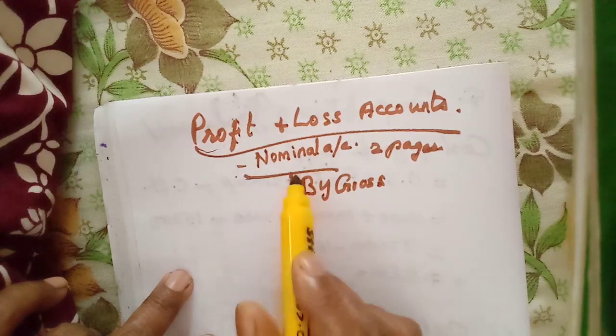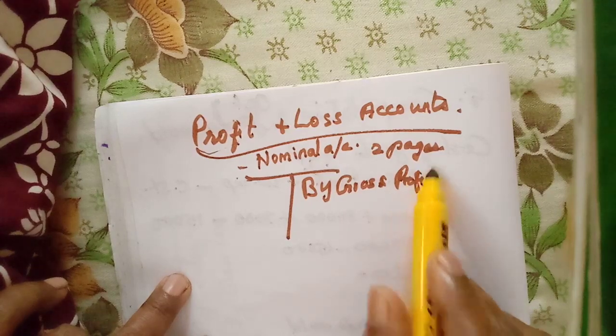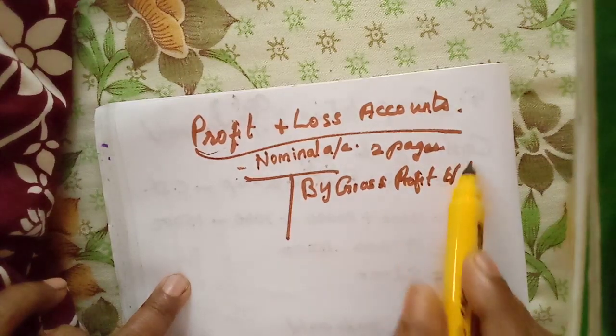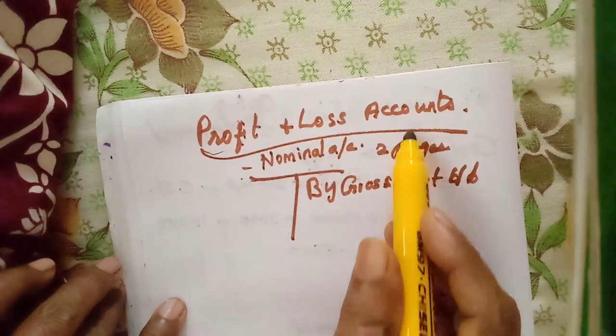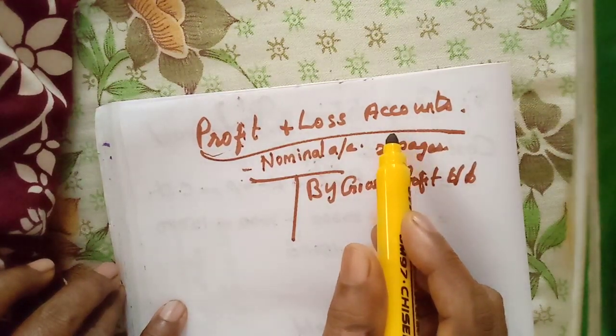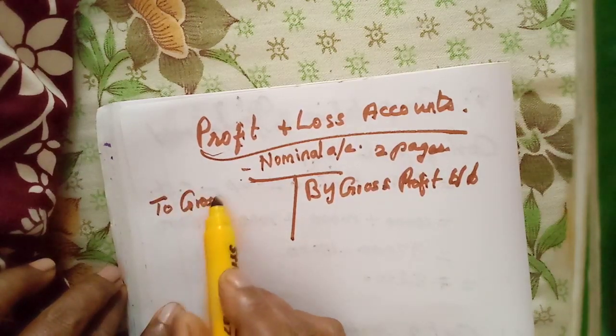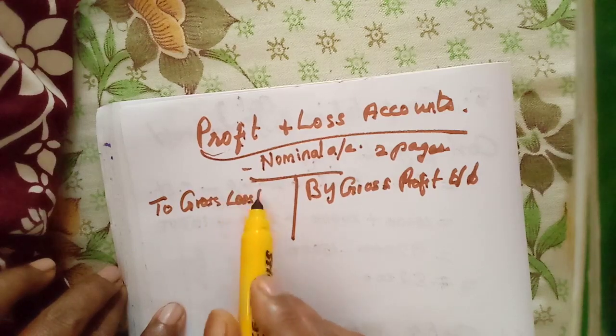So in the next line we have to write by gross profit brought down, if it is gross profit. But if it is gross loss, in one exercise we have got gross loss, isn't it? So if it is gross loss, it will start with to gross loss brought down.